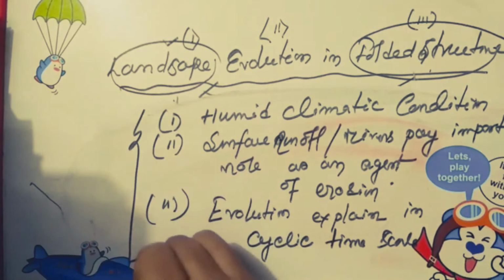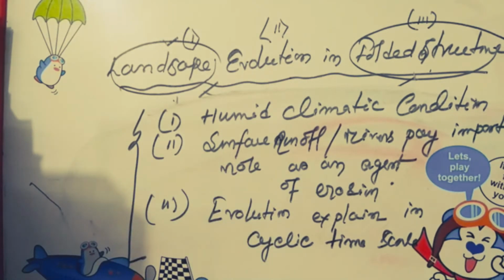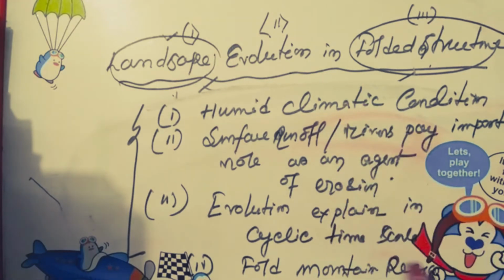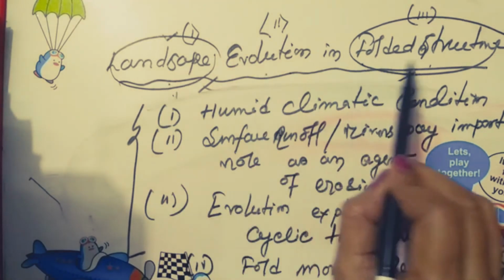These are the conditions of landscape evolution in folded structure. All these things are applicable in folded mountain regions, rather folded structure regions. Fourth are the preconditions for the landscape evolution in folded structure.